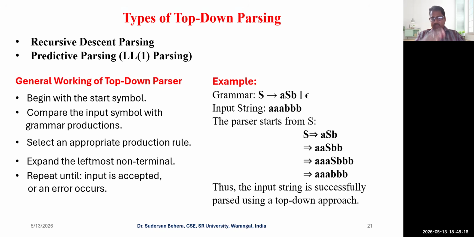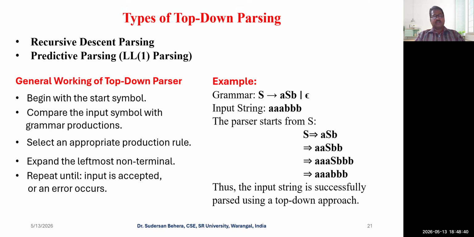That is why the second parser was brought in. General working principle of a top-down parser: it begins with the start symbol, compares the input symbol with the grammar production, selects an appropriate production rule, expands the leftmost non-terminal always, and repeats until the input is accepted or an error happens.